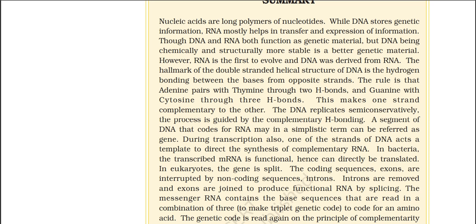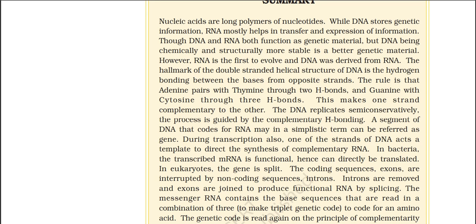However, RNA is the first to evolve and DNA was derived from RNA. The hallmark of the double-stranded helical structure of DNA is the hydrogen bonding between the bases from opposite strands. The rule is that adenine pairs with thymine through 2 H bonds and guanine with cytosine through 3 H bonds. This makes one strand complementary to the other.